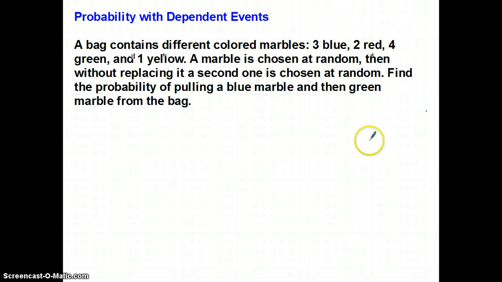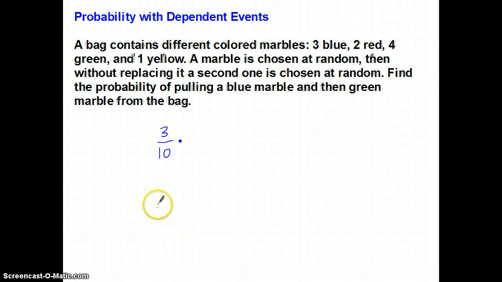So let's start off by finding the probability of pulling a blue marble from the bag first. We have 3 plus 2 plus 4 plus 1 marbles. That means we have a total of 10, and so pulling a blue at first represents a 3 out of 10 chance. Now, we want to pull a green one after that.